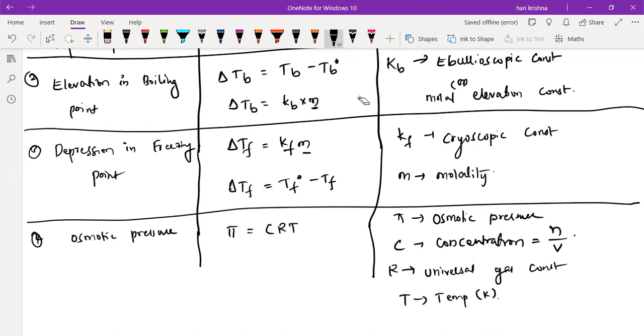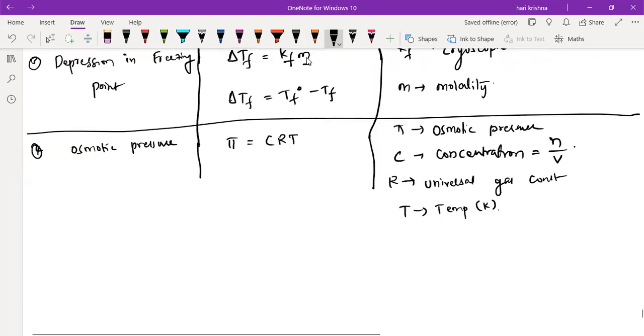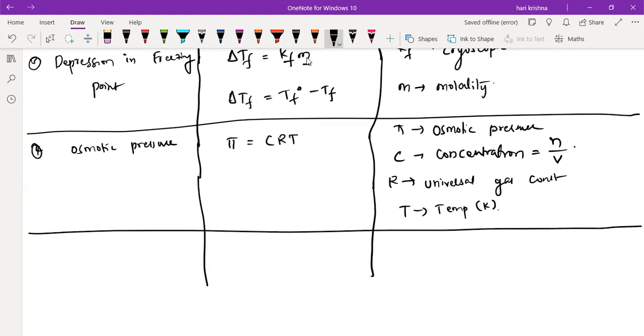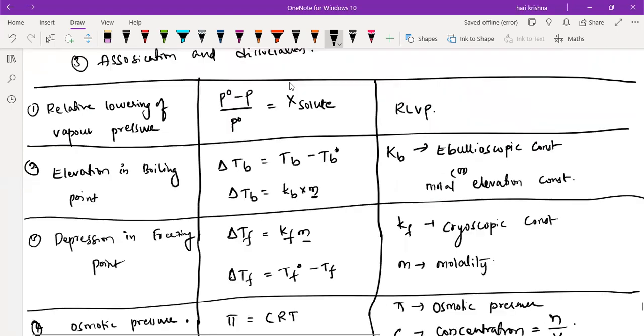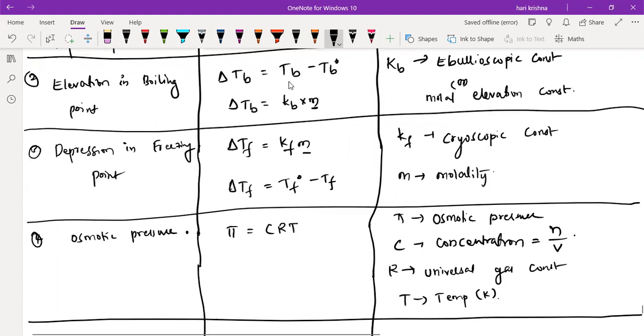That is pi equal to CRT. So these are the 4 different colligative properties.